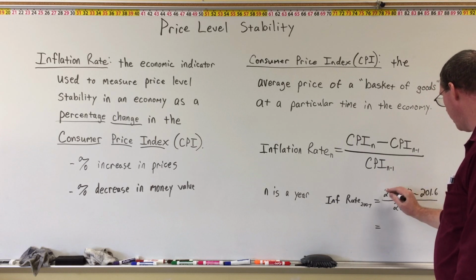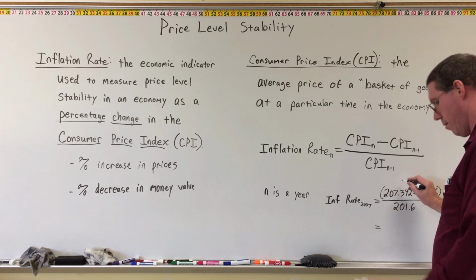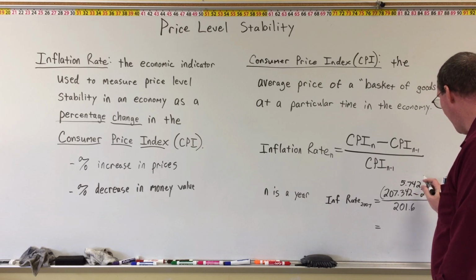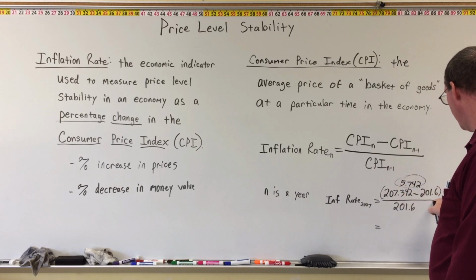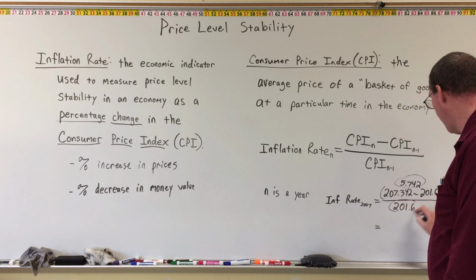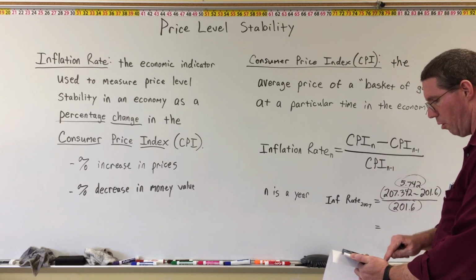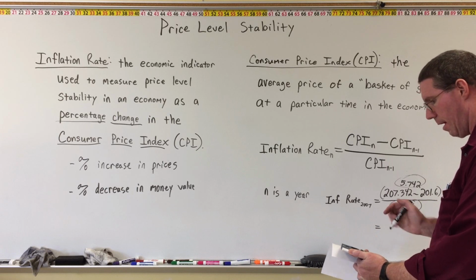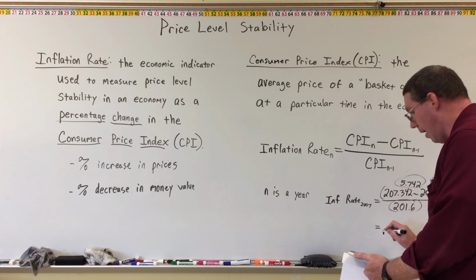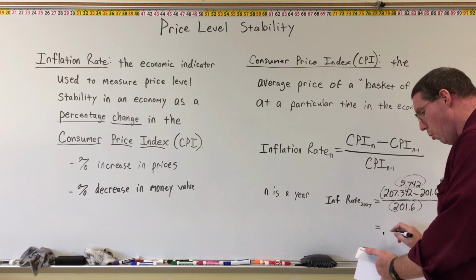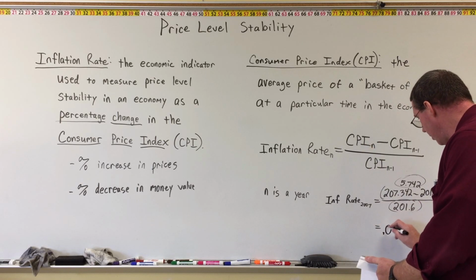So this right here, this is 5.742. And now I can divide 5.742 by 201.6, and now I'm going to go out to 5 decimal places, and I get 0.02848.